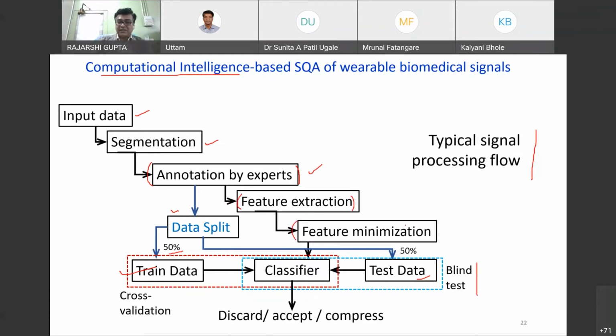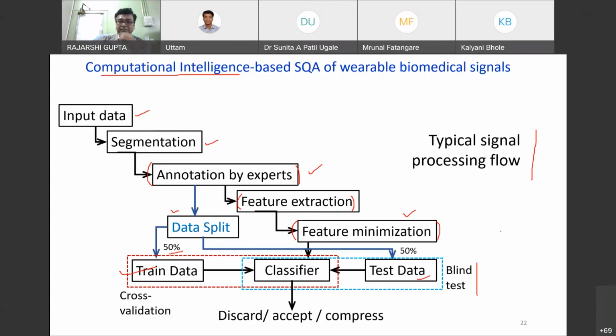This is optional. If you have a huge number of features, then you can go for feature minimization or feature ranking, or what we call feature optimization. Different methods are there, so that for this particular target application, you create a minimum set of features. Suppose you have 120 features, and in case of pattern classification, maybe some of these 120 features do not have good correlation with the output.